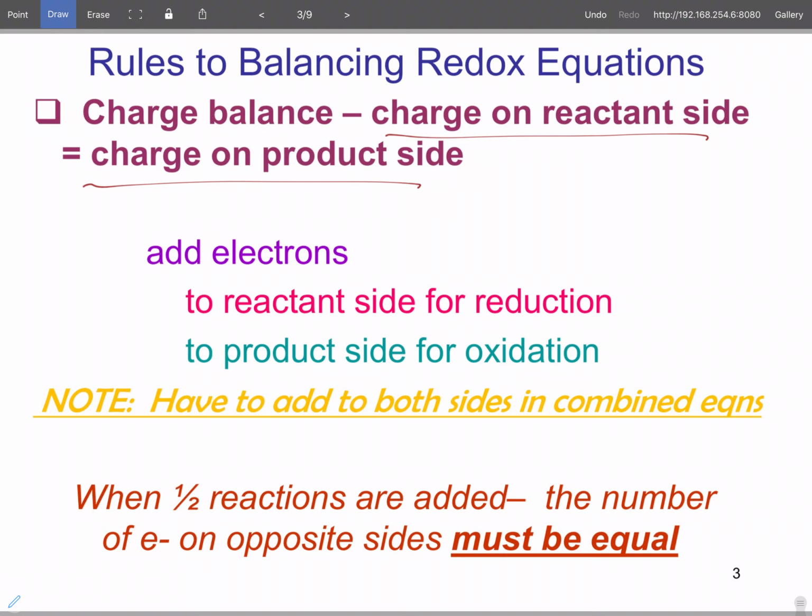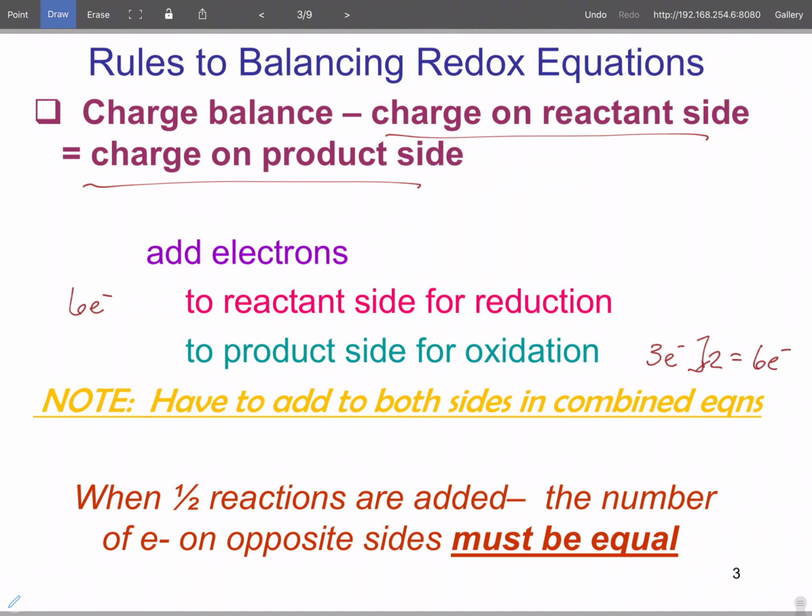When you add both sides together, the electrons have to be balanced. So, for example, if you added 6 electrons on this side, but only 3 electrons on this side, this one's going to have to be multiplied by 2 so that we end up with 6 electrons and they can cancel out.